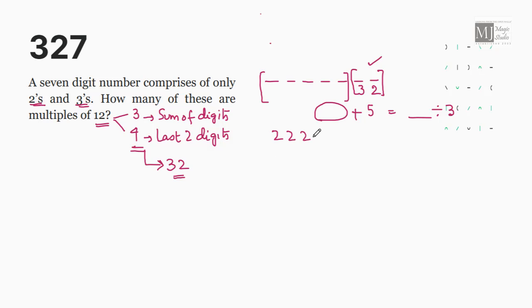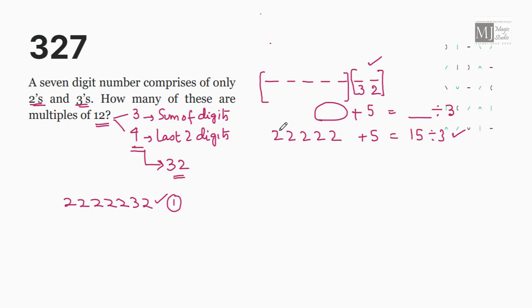If I take all 2s, then 2 plus 2 plus 2 plus 2 plus 2 is 10. 10 plus 5 is 15, which is divisible by 3. That means the first number possible is 2, 2, 2, 2, 2 and then 3, 2. This is a 7-digit number divisible by 3 and also divisible by 4. So we have one number with us.